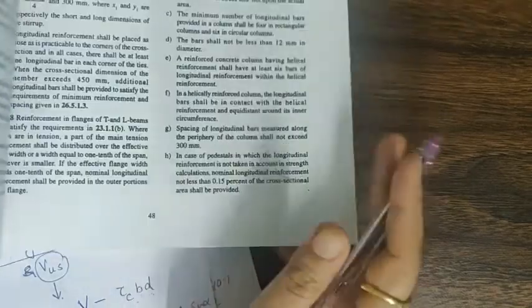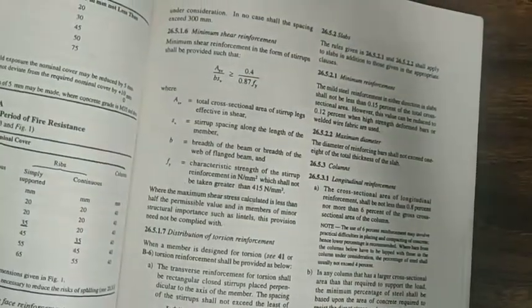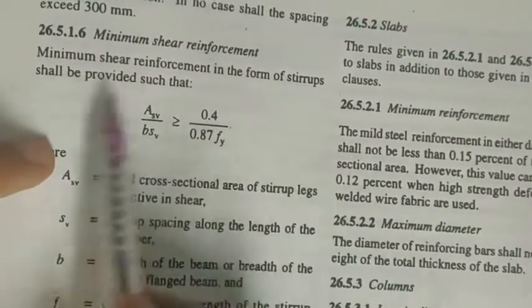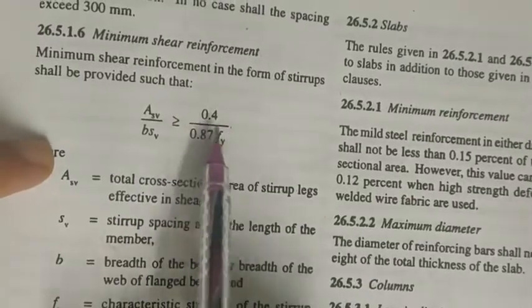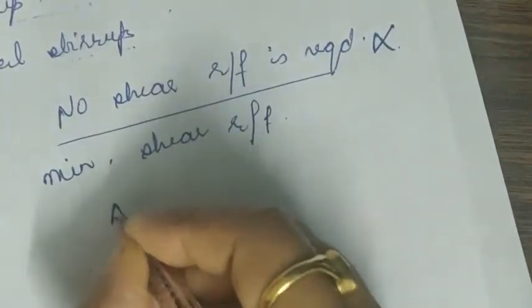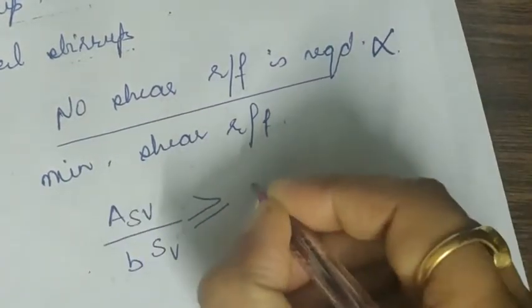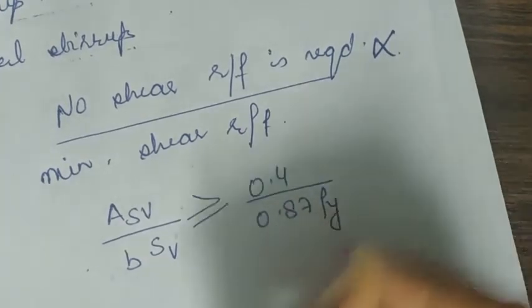26.5.1.6. So I'll go to clause 26.5.1.6. It talks about minimum shear reinforcement. What does it say? Minimum shear reinforcement in the form of stirrups shall be such that ASV upon B into SV should be greater than or equal to 0.4 upon 0.87 Fy.